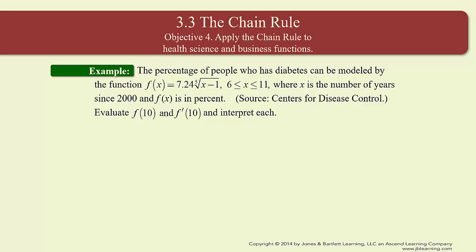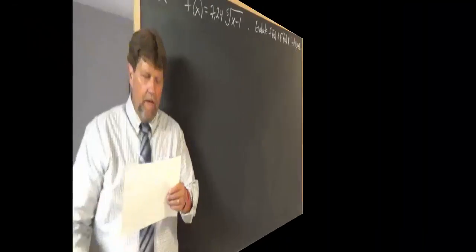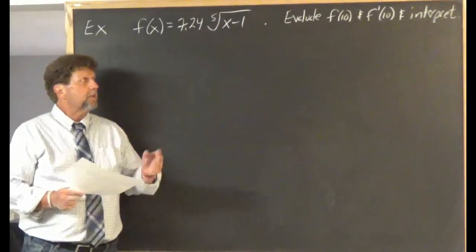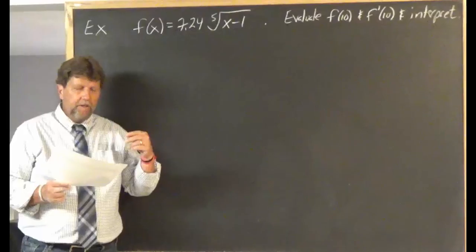So at the board, I'm going to write down the function, and we are going to evaluate f of 10 and f prime of 10 and interpret each. So get this written down because I'm heading off to the chalkboard. All right, this was an application. I just wrote down the function, what we were asked to do.